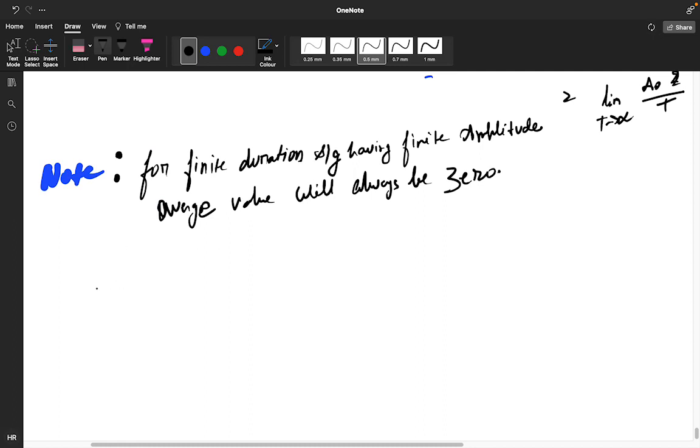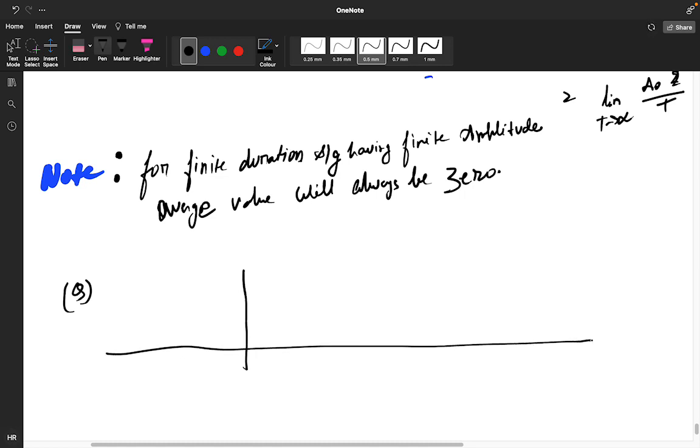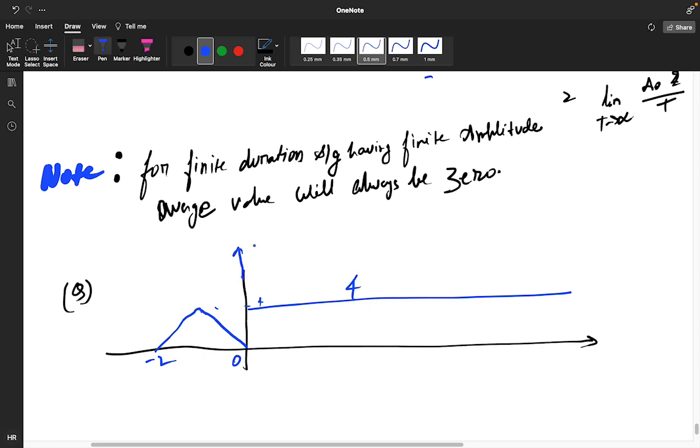Now suppose you have a curve like this. This is minus 2, this is 0. This particular value is 4, and it keeps moving like this. This is your x of t.